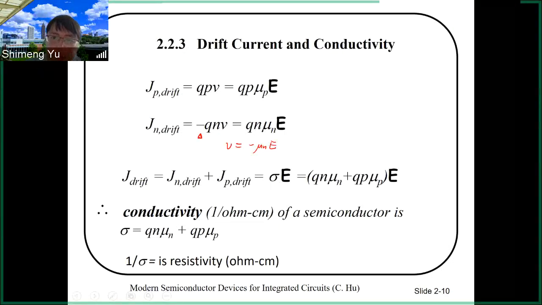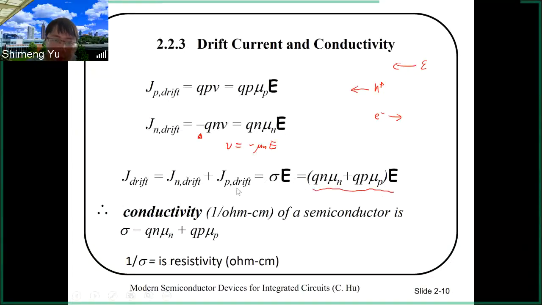Why is that? Because if you think about electron and hole as a pair, then you have hole here, electron here, then if you have electric field, then you know the hole will move to the left, electron will move to the right, then you should add those two current components together. So if you add those two together, then you will get this equation.